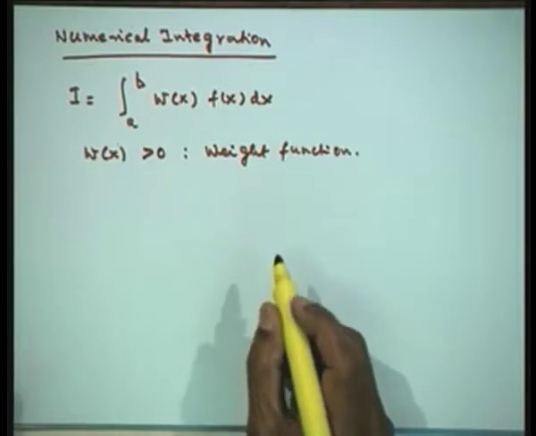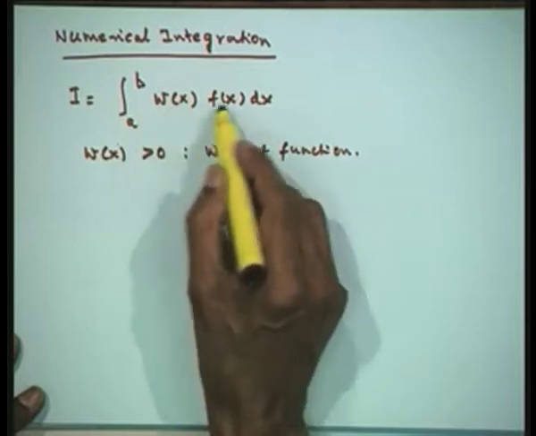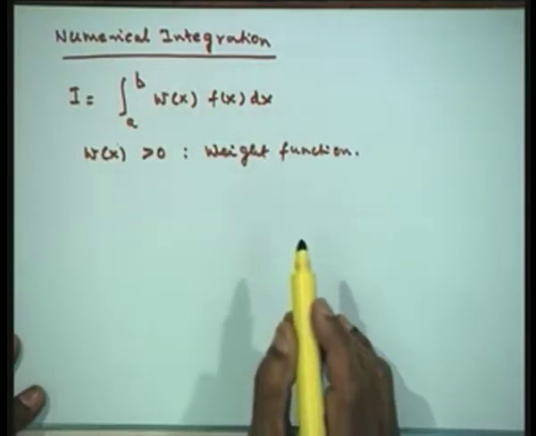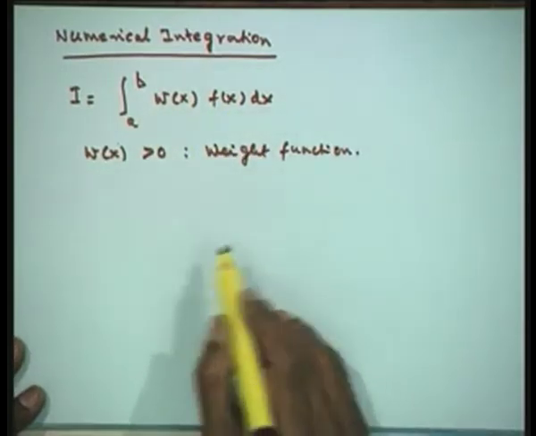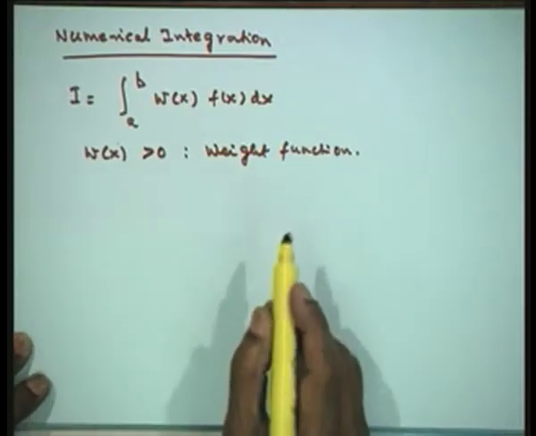Wherever the weight function is not required, we will take the integrand as a single quantity, w(x) f(x) as a single quantity, but whenever we require a weight function to use a particular integration formula, we shall then use that weight function for that purpose.